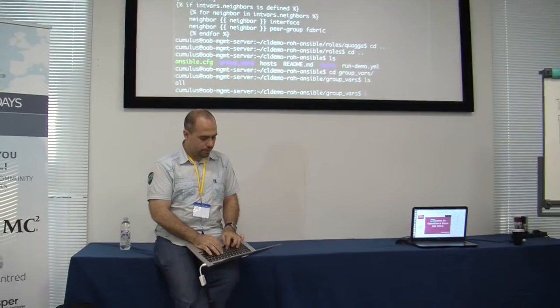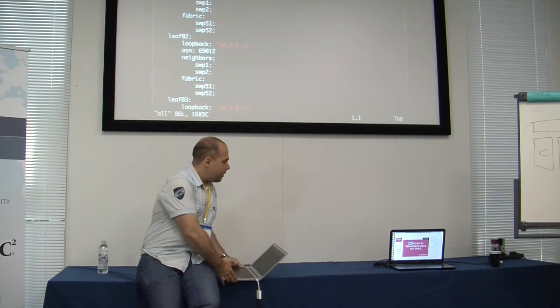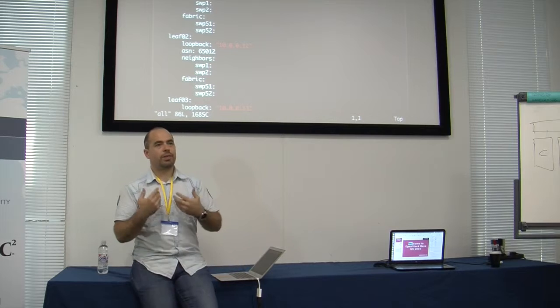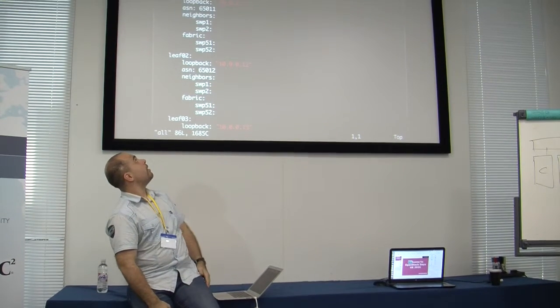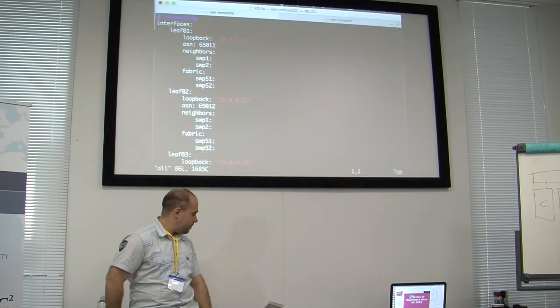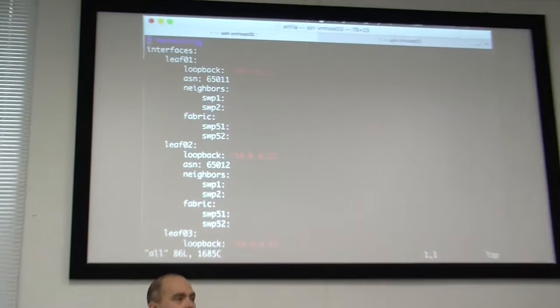Now, let me have a look at the variable file. That is what I just said about the number of variables that is needed to actually configure a host. As you can see, for one host we have 6 variables that you need to fill in.